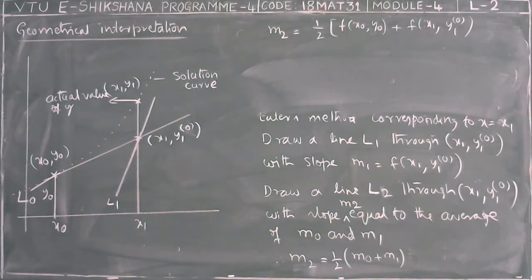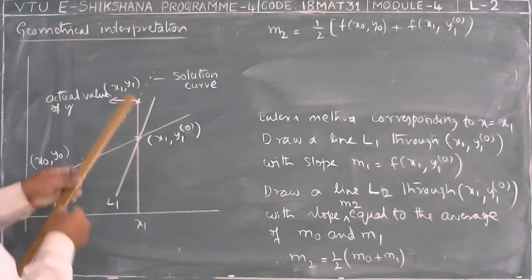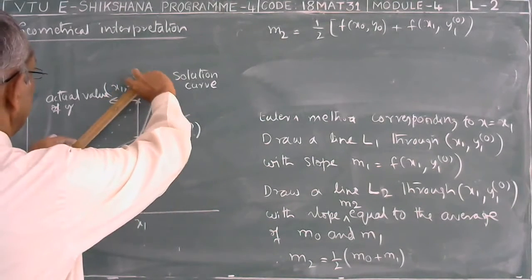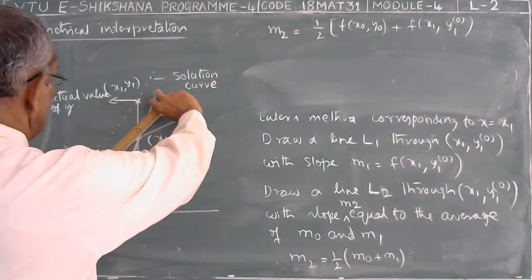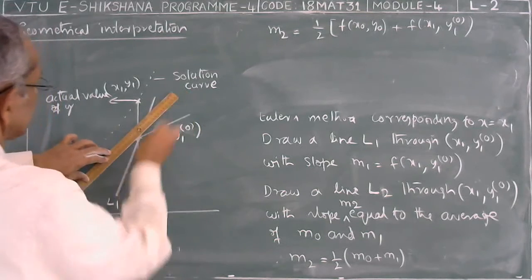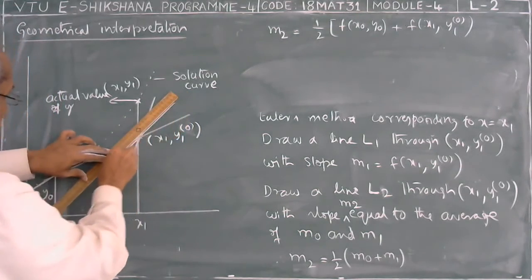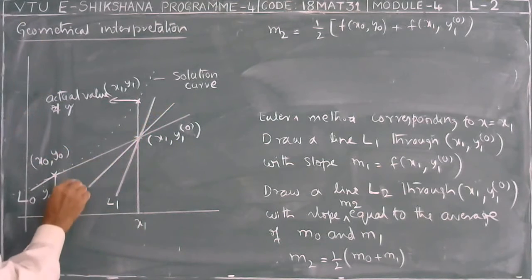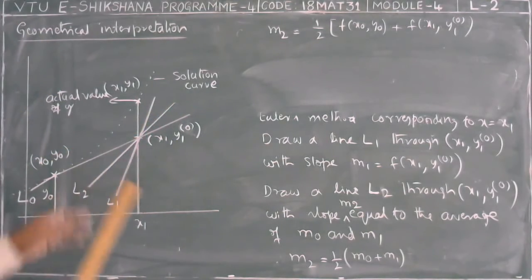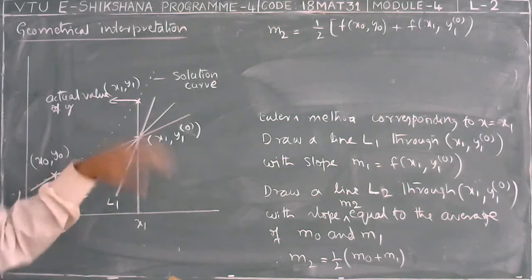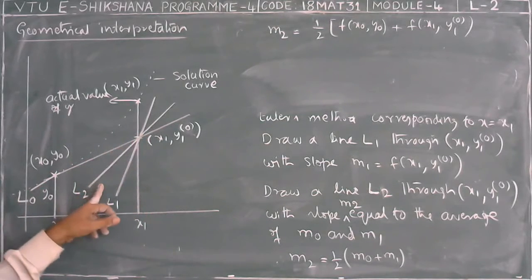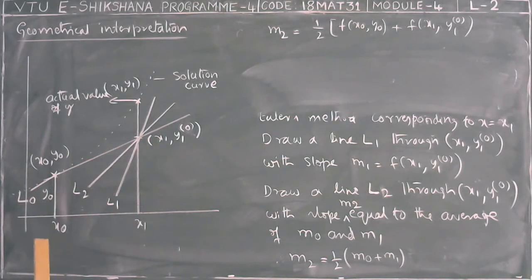Now, N2 should be written. This is N2. N2 is a line drawn through the same point with the slope equal to the average of slopes of L0 and L1. Okay, that's fine.